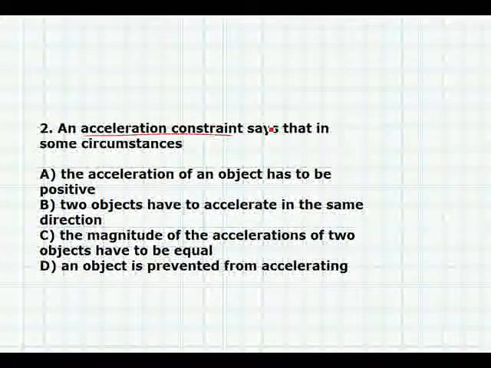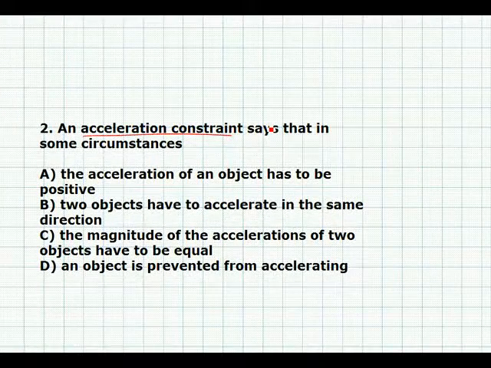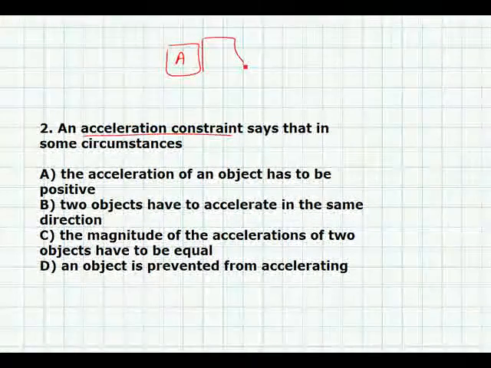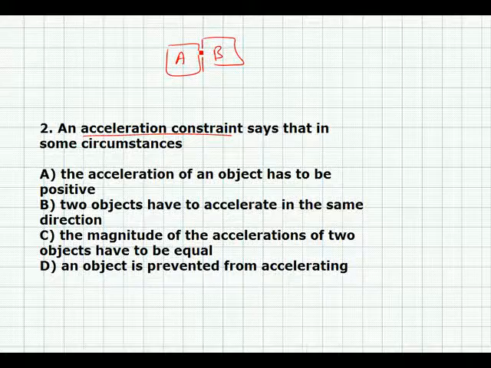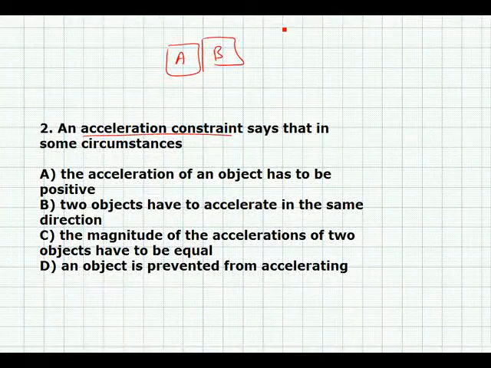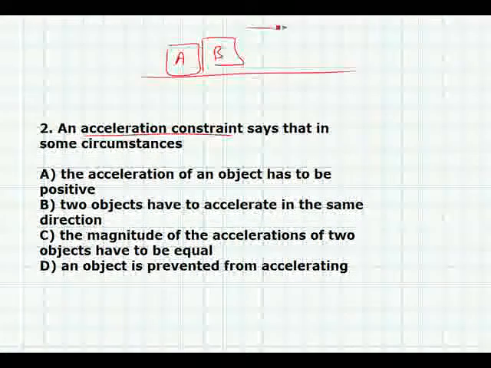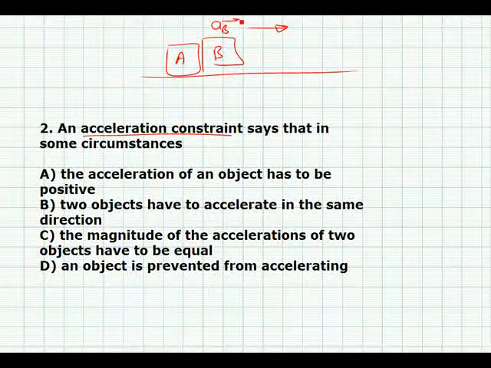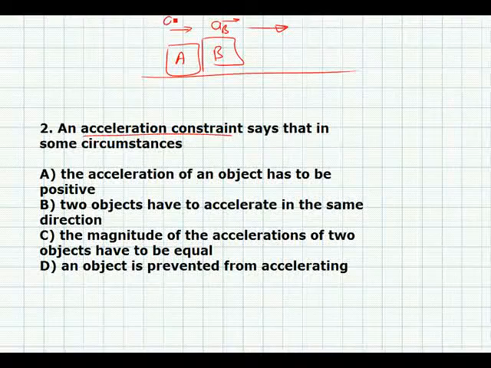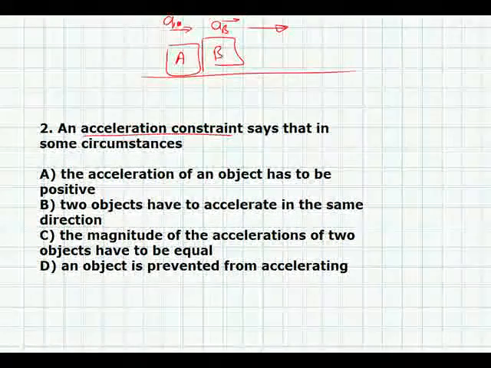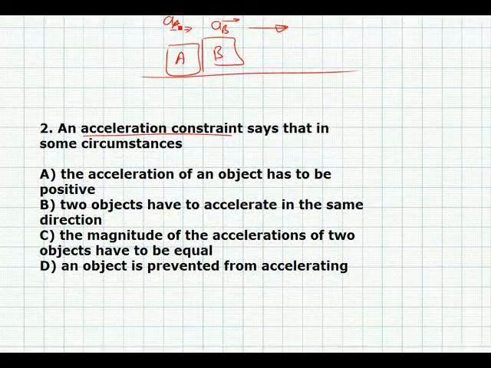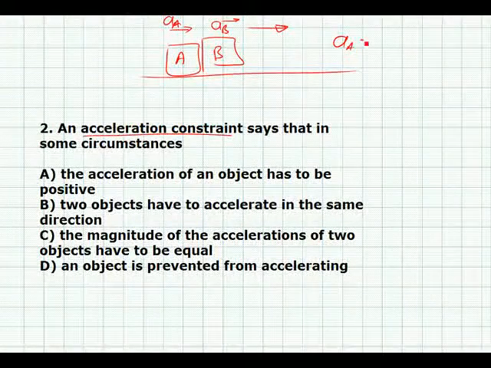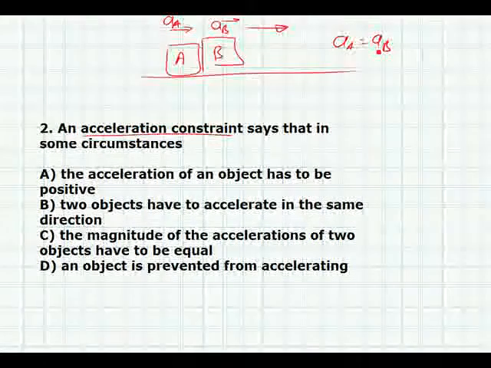Well, acceleration constraint is if you have interacting bodies, interacting systems, system A and system B, and they're in contact and they are being accelerated, let's say, to the right, then of course B has an acceleration a_B and A has an acceleration a_A, and since they are in contact, then the acceleration constraint says that the magnitudes of the accelerations are the same.